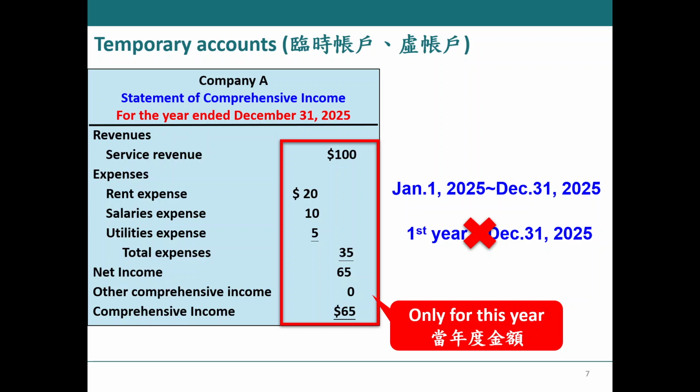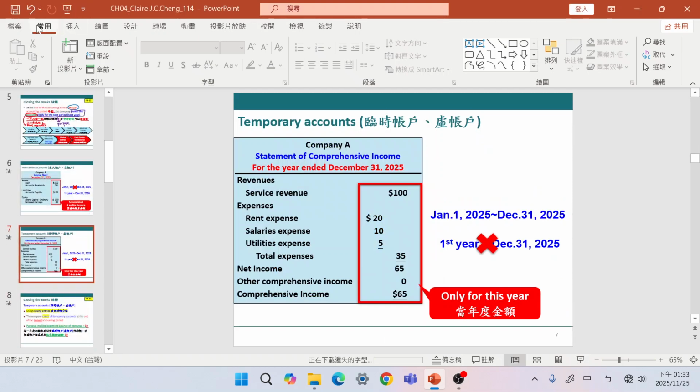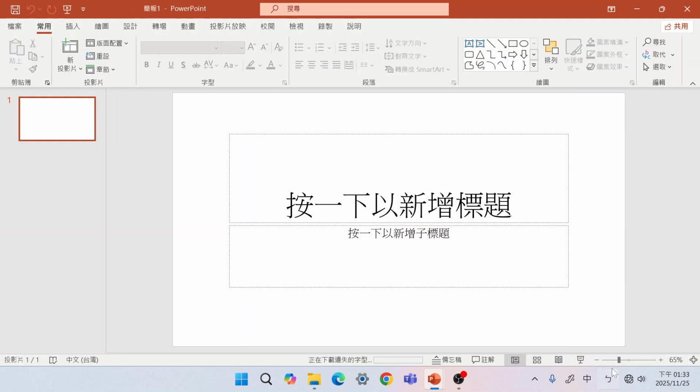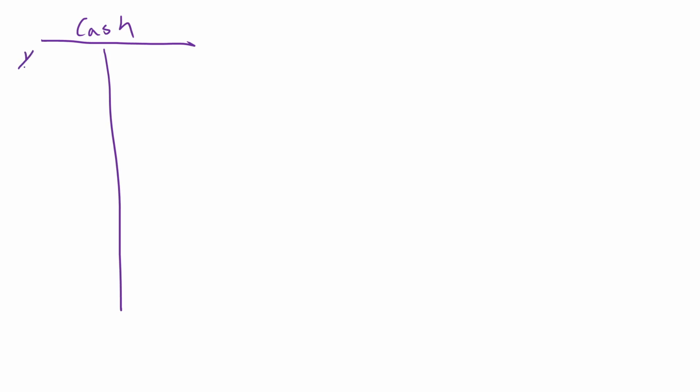Okay? Why? For example, I have cash. That's from balance sheet, right? So if I have the cash, this account, then on the first day, 2025, I have a cash 100.